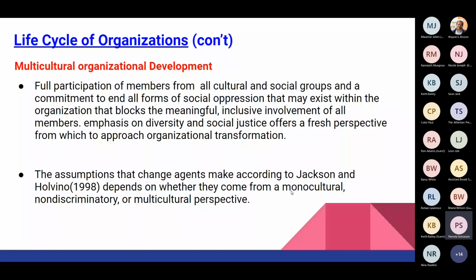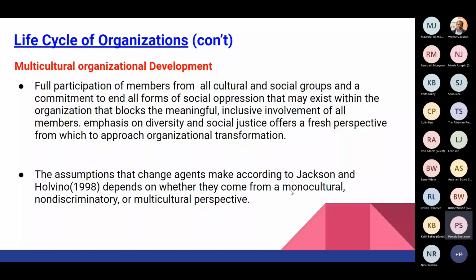The emphasis on diversity and social justice offers a fresh perspective from which to approach organizational transformation. Because the relational leadership model emphasizes being inclusive and empowering, it is essential to understand how an organization might transform itself to be multicultural.